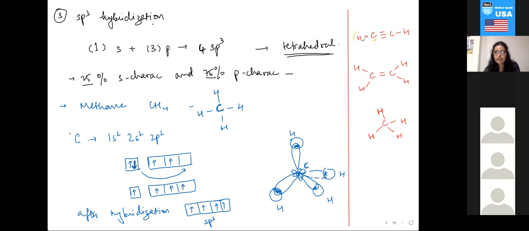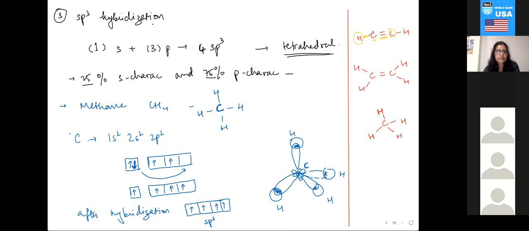It bonded with one hydrogen and it bonded with the other carbon, right? So it bonded with 2 atoms. Now the double and triple bonds are going to be pi bonds. That's why we are ignoring them for now. We're just looking at the sigma overlaps here. So it bonded with 2 atoms, meaning how many hybrid orbitals did this carbon need?